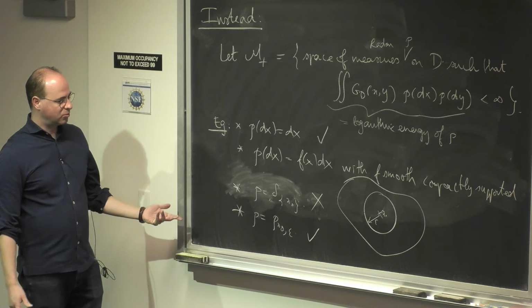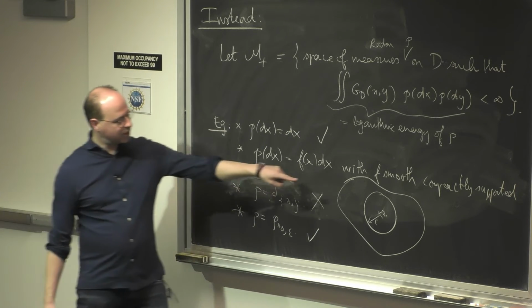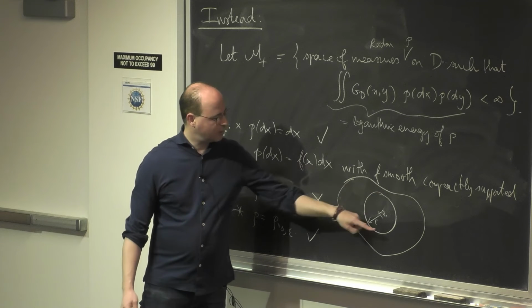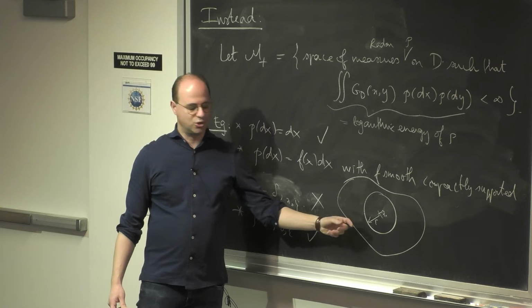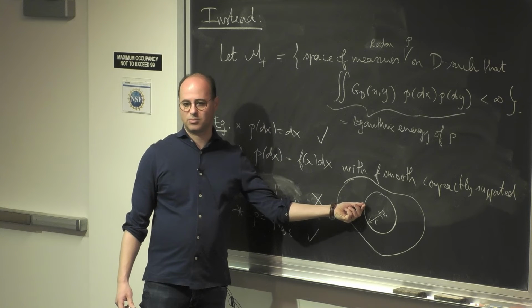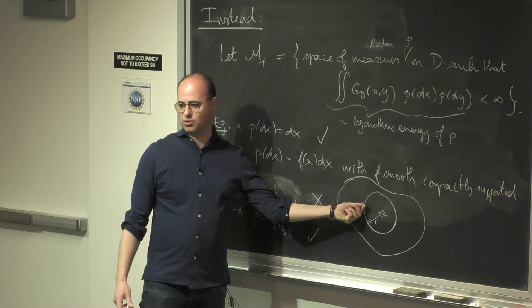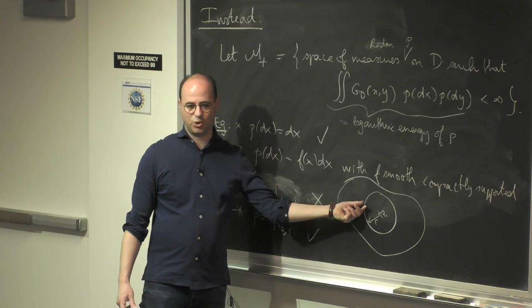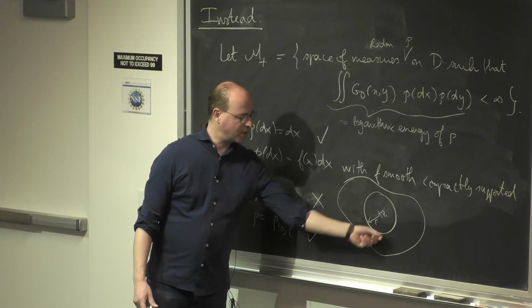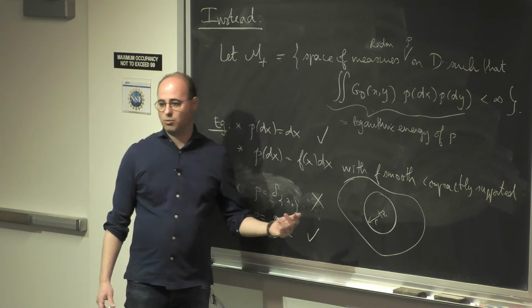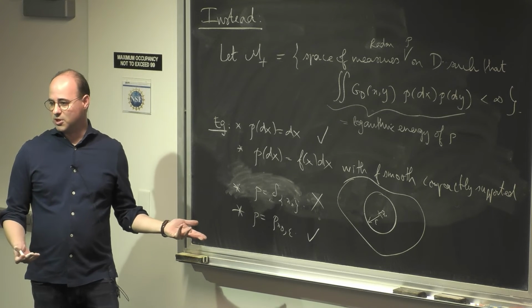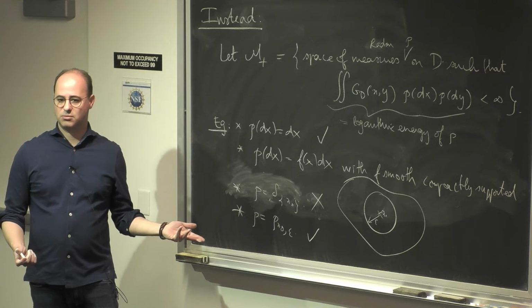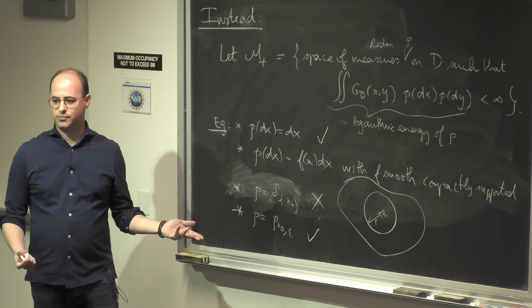Let's think a bit about why that is true. I would have to integrate log of x minus y, where x and y are uniformly distributed on this circle. By Fubini, I fix the first point, and then I have to integrate log of the distance where y is uniformly distributed on a circle. But log is an integrable function in one dimension, so there's no problem in integrating that. Is that clear? Everyone agrees?